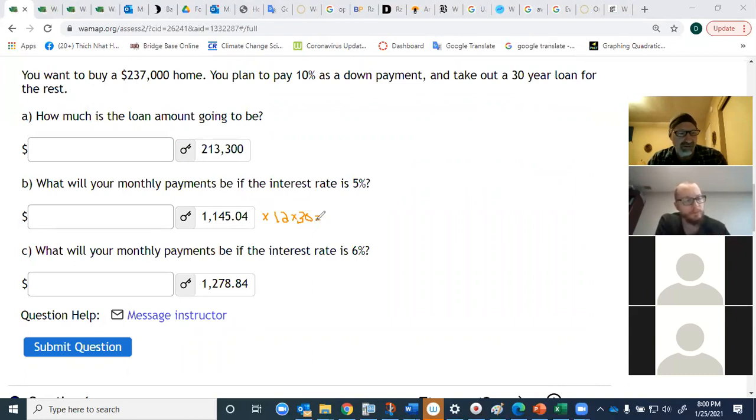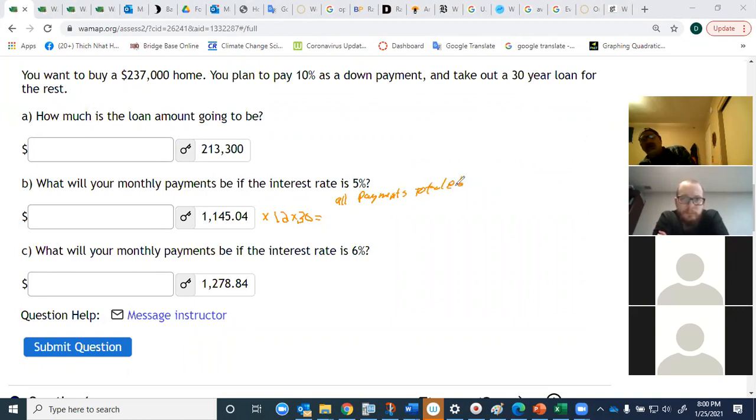1145, I don't care about the 4 cents. And then times 12 times 30. What are you getting? $412,200. Yeah, you're getting over $400,000, right? $412,214 or whatever, right? So this is all your payments totaled.